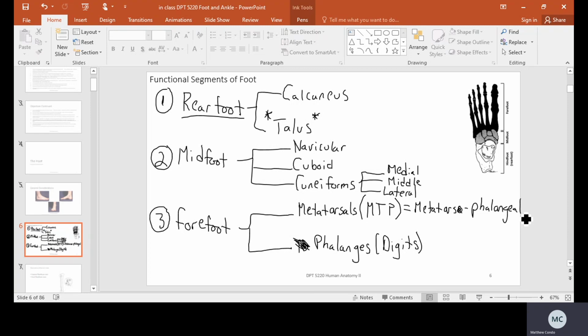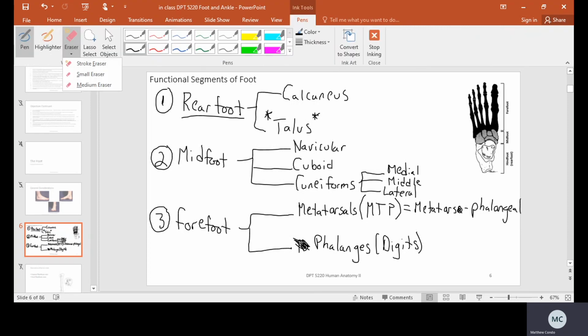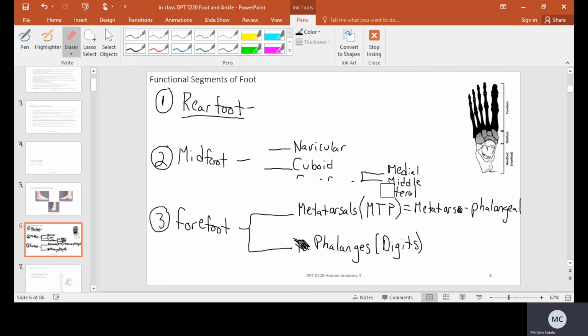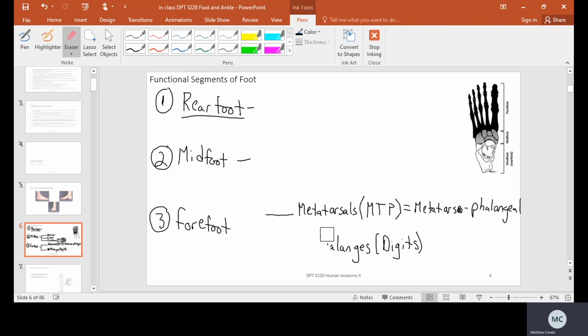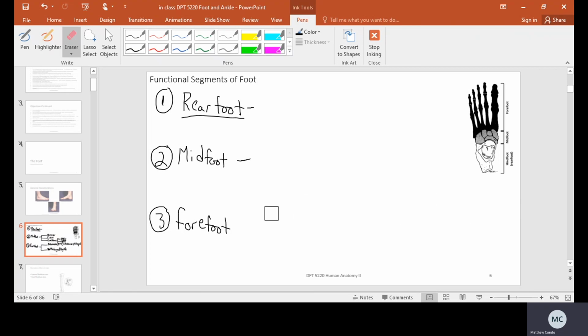All right, so the next thing I want to cover is the concept of varus and valgus. Because this is all going to build on each other when we start getting into supination and pronation.